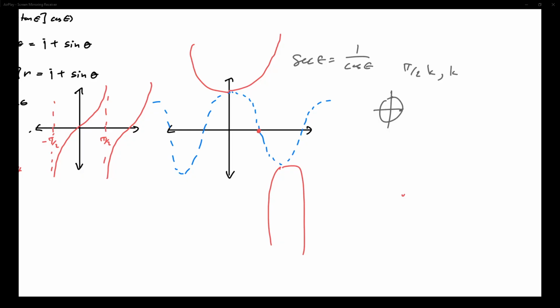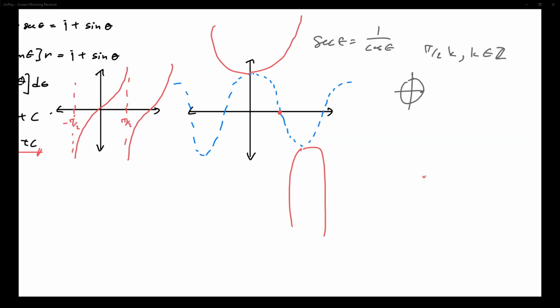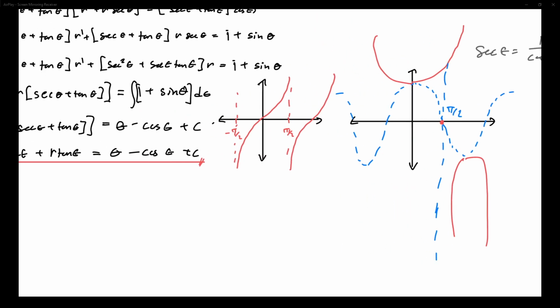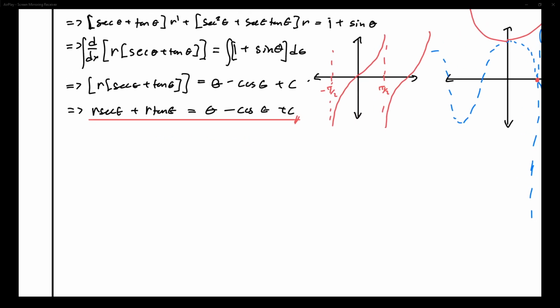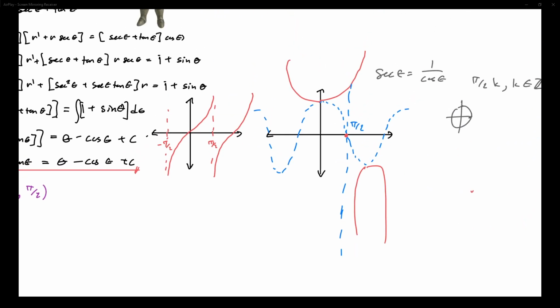So we have these undefined points at pi over 2 times these integers k. All this to really say that our domain is restricted to the interval from negative pi over 2 to pi over 2.